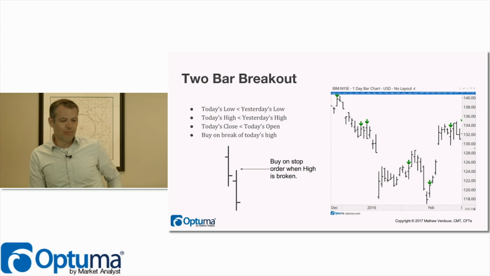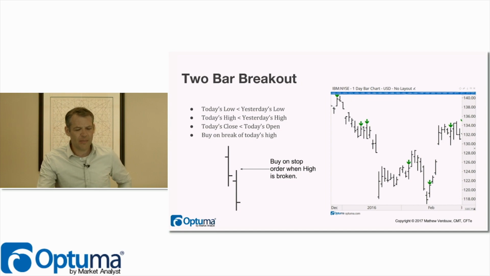The two bar breakout rule. So here's a little trading strategy that some have used, where you're looking at this and you're saying today's low is lower than yesterday's low, today's high is lower, so it's a lower bar, lower high, lower top, lower bottom, and today's close is less than the open.